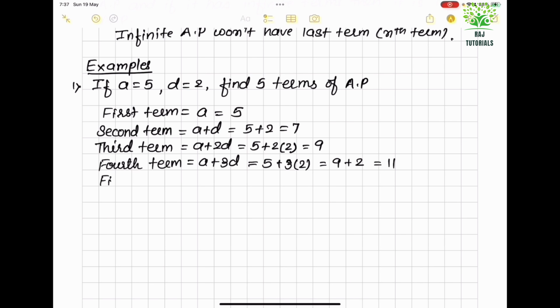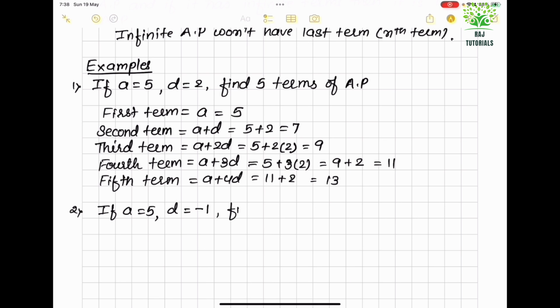And the fifth term will be A plus 4D. So can I say 11 plus 2, so 13. So both ways I can write the next term. Then second example, if A equal to 5. Now see, why D is always positive, it can be negative also.